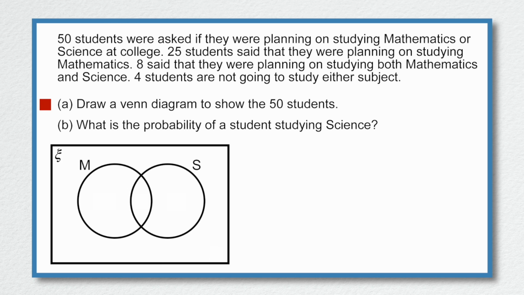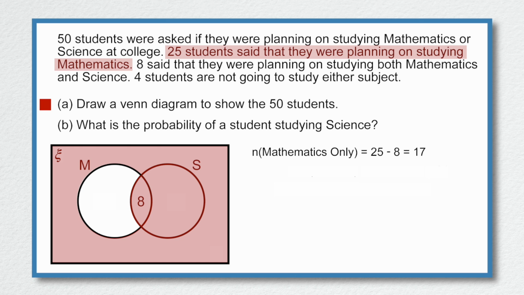Let's fill in what we know. Starting with the intersection, there are 8 students that plan to study both subjects. If I subtract that 8 from the 25 that plan to study maths, then that means that there are 17 students that are planning to study maths only.